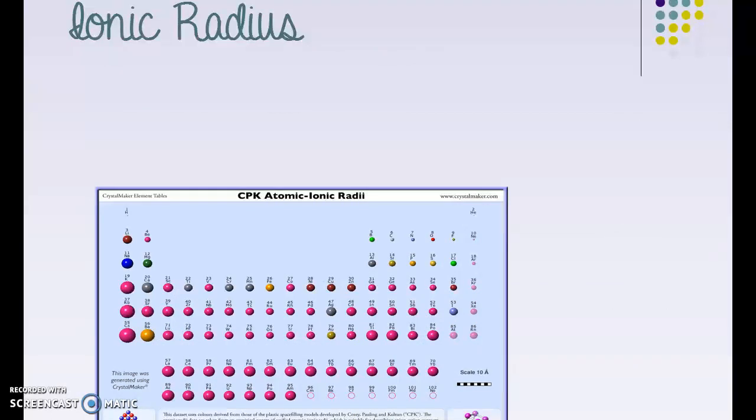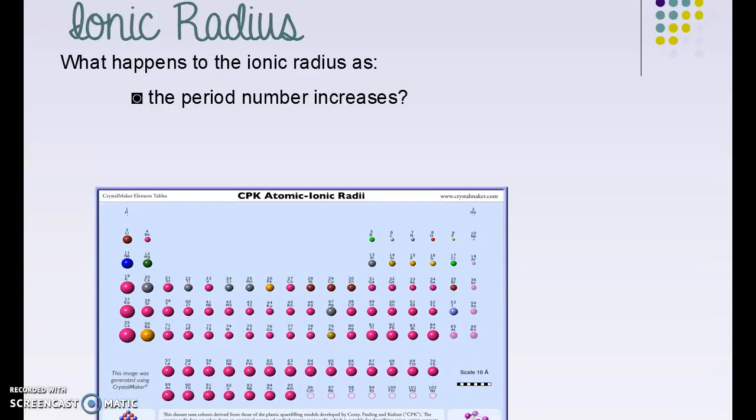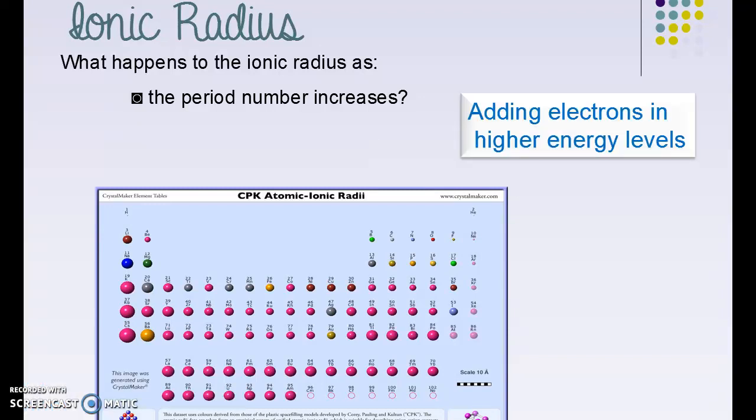All right, so let's go ahead and look at ionic radius. I love this little picture diagram here. It really helps us to visualize the same thing that we were just discussing before. What happens to ionic radius as the period number increases? Well, if we look, it becomes greater. As I'm adding electrons from this period number down to here, I'm adding electrons in higher and higher energy levels, and therefore my atom has no choice but to become larger.